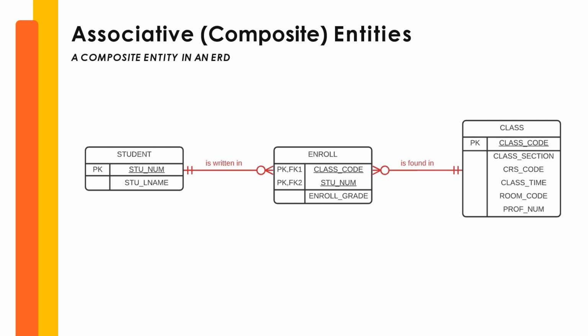As we have said in the previous slide, we can also add additional information that do not have a connection to what we have done. Like for example, since the enrollment would capture the enrollment of students in certain courses, you might also have the enrollment grade in the composite entity.